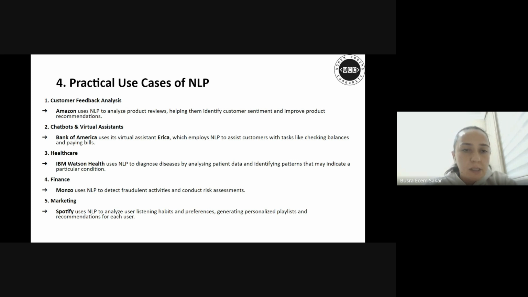Anomaly detection models like BERT analyze transaction data to identify suspicious activities. Monzo also analyzes transaction descriptions. As at the beginning, I gave an example about finance. It's actually from Monzo.